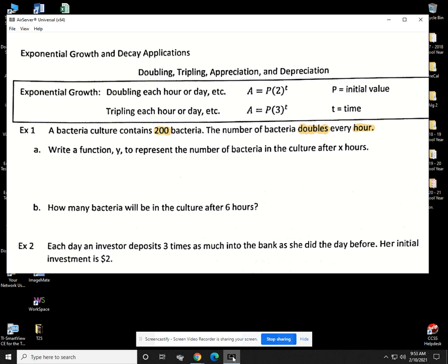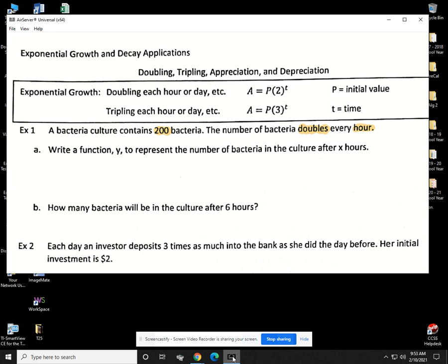Because of the wording here. What's the key word that tells me which of those two I'm dealing with? It says the word doubles, right? If something is doubling, what does the base of that exponent need to be? It needs to be a 2. So we're going to use that first formula, okay?